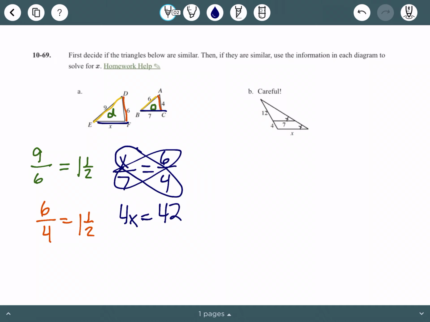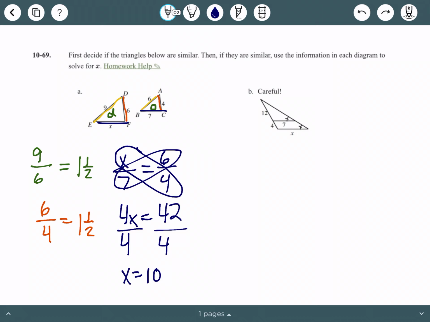So we have 4x equals 42. To get x by itself, we'll divide by 4. Same with 42. So 42 divided by 4 is going to give us 10.5. So x equals 10.5.